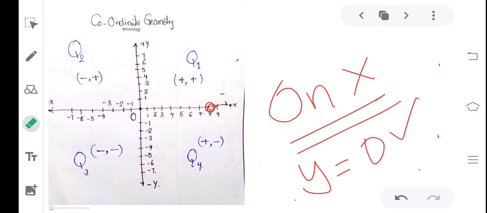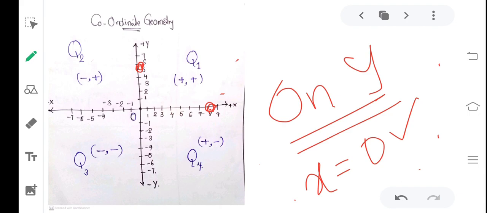In the reverse manner, if the point is on the y-axis, then the x value is 0, x equal to 0. So for any point on the x or y-axis, the other value should be 0.